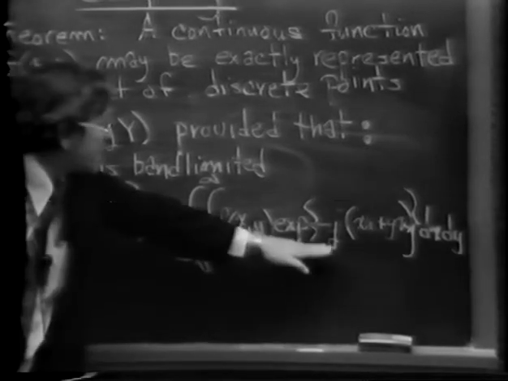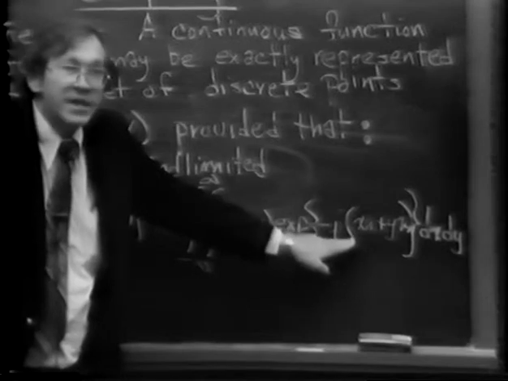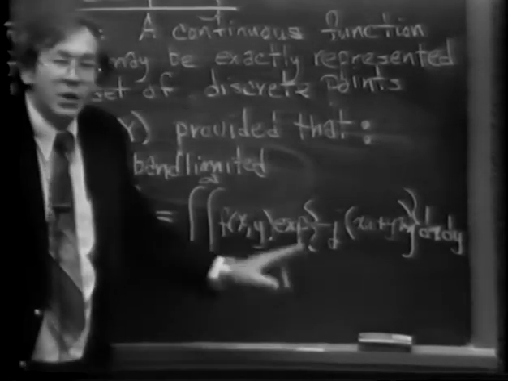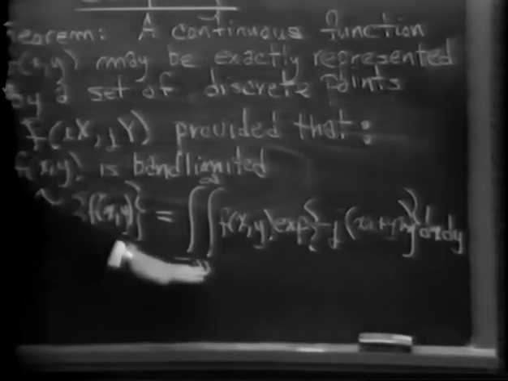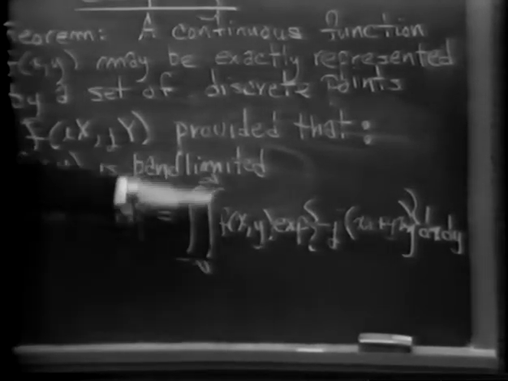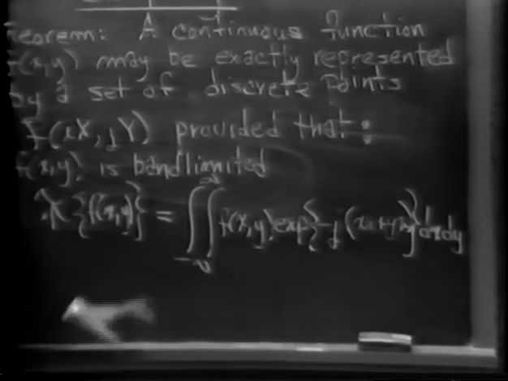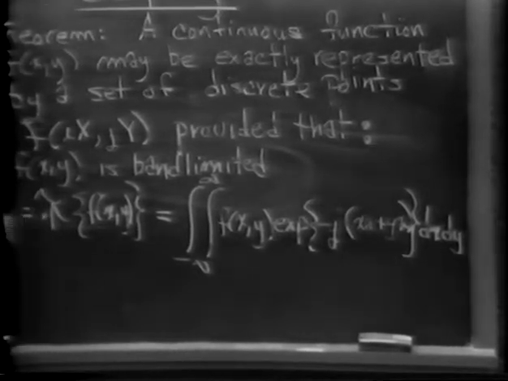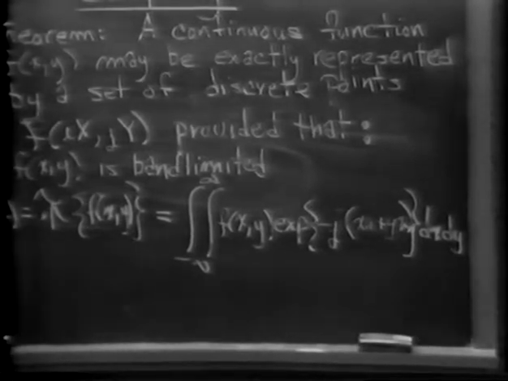Notice in the forward transform it has an exponential of minus j. Here it depends not only on the spatial coordinates x and y, but also on two frequency coordinates, u and v. It's a definite integral from minus infinity to infinity in both the x and y directions. For simplicity, we'll often refer to this simply as capital F of u and v.